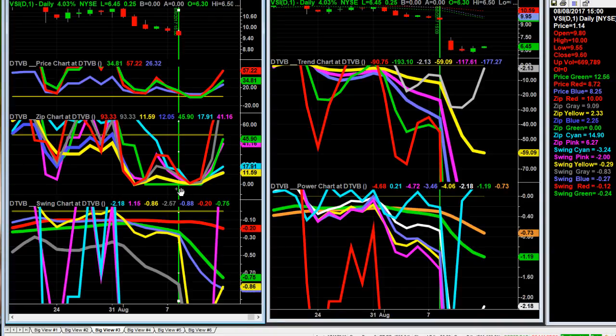Remember, when ZIP yellow is down low, if it's not going to go up, nothing else is going to go up. If you've had a chance to see some of the videos on signals, you recognize that you need to verify your signals with your ZIP yellow line. Because when ZIP yellow gets roughly above 35, in that 30 range, then the price of the stock starts going up at a better rate.